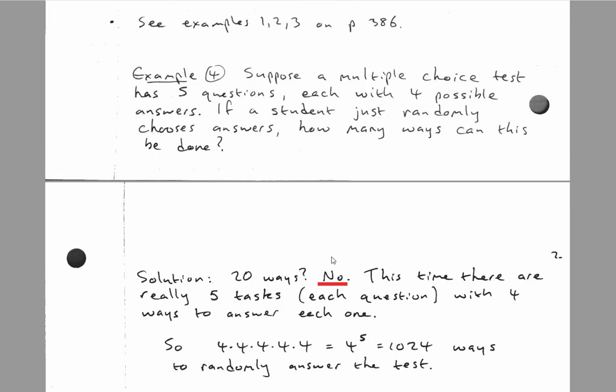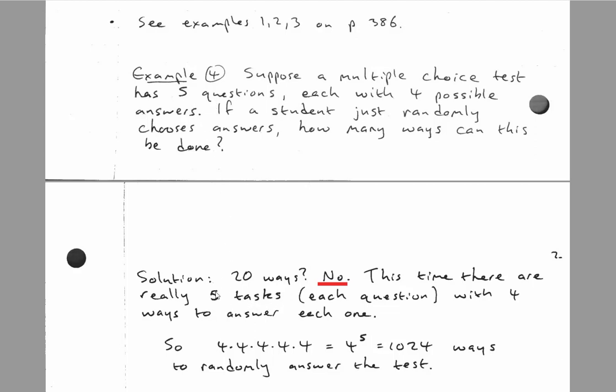So it's a good idea to think about the tasks. What are the steps here? Well, the first task is to answer the first question. How many ways to do that if you don't know the answer? Well, it's multiple choice with 4 possible answers, so there are 4 ways. Question number 2, that's the second task. There are 4 ways to do that.